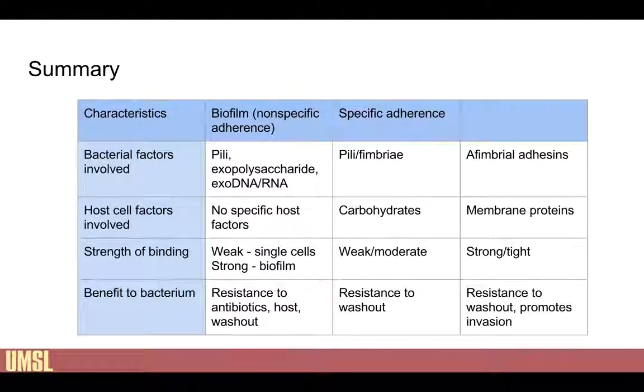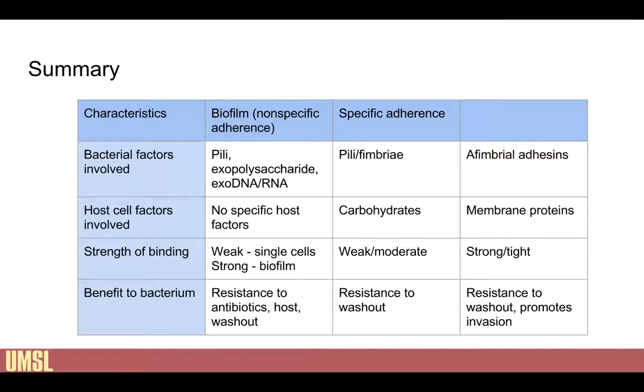And so, to summarize today, these bacterial factors involved in biofilm, your pili, exopolysaccharides, and extracellular DNA essentially make a big sticky mess for bacteria to stick to stuff. For specific adherence, there are fimbriae and afimbrial adhesins.